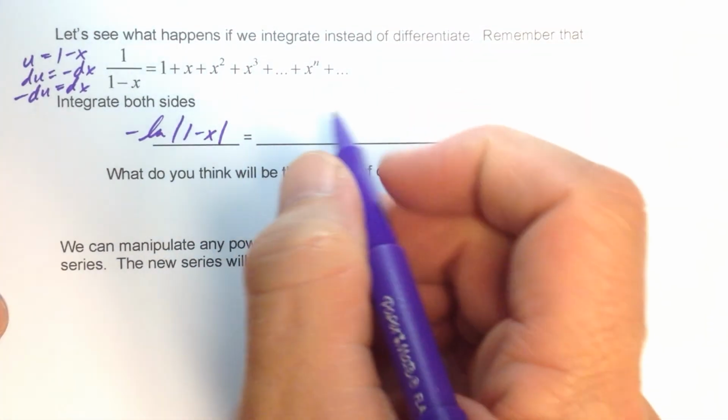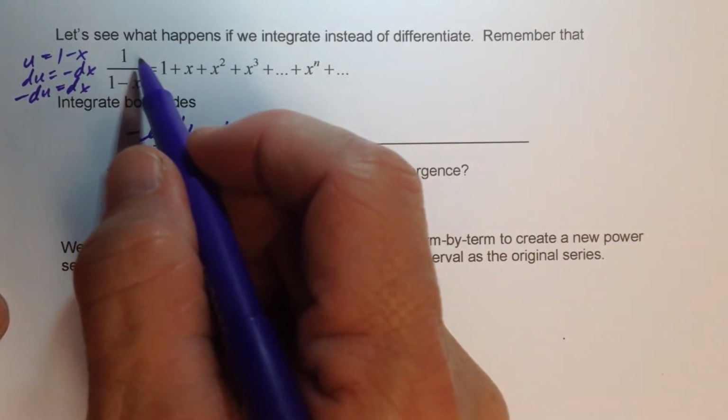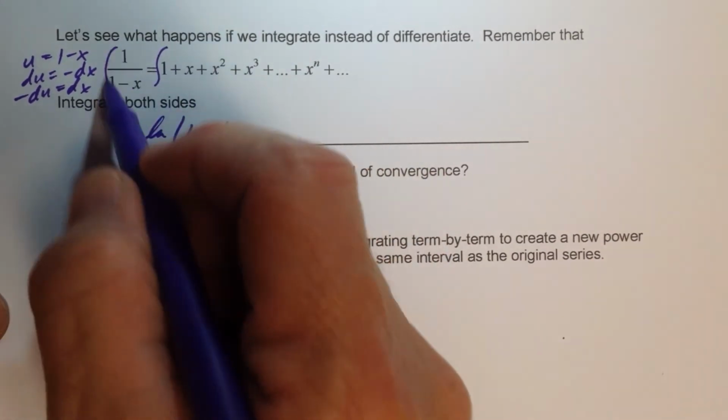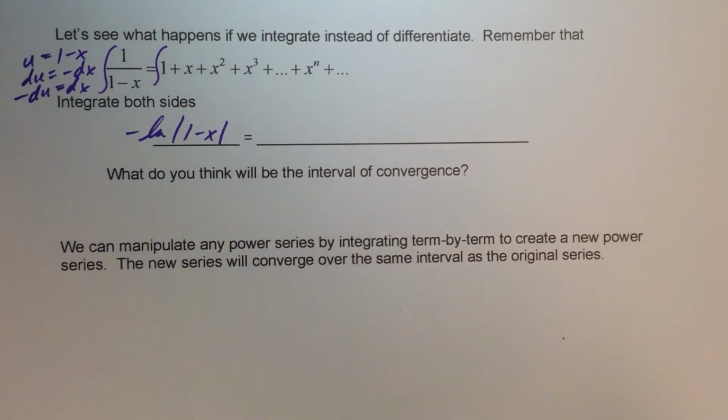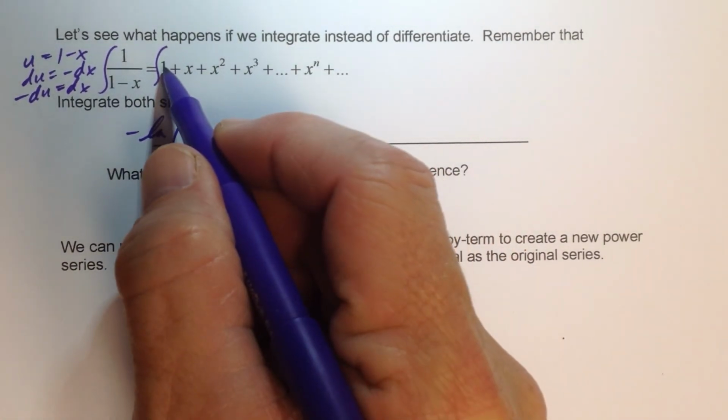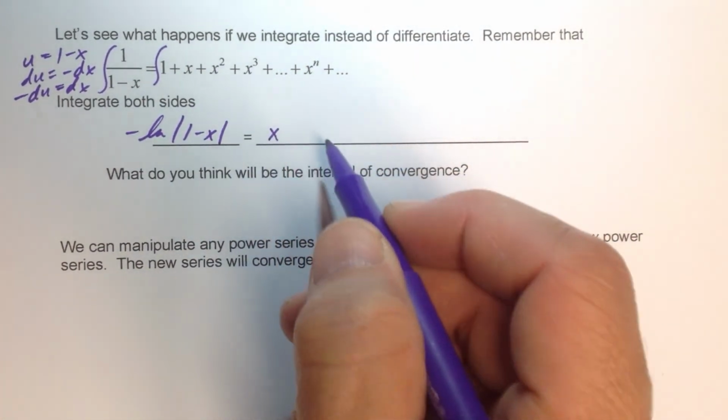All right, and then integrating both sides here. Again, we're integrating term by term, and integrating 1, you've got to go the other direction now. We know the antiderivative of 1 is x.